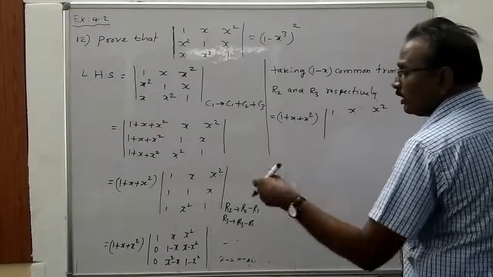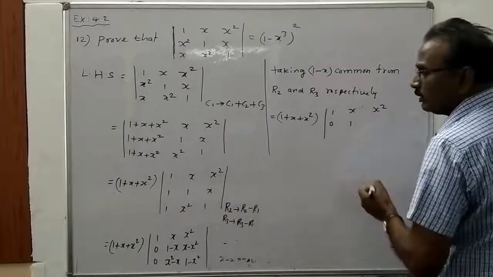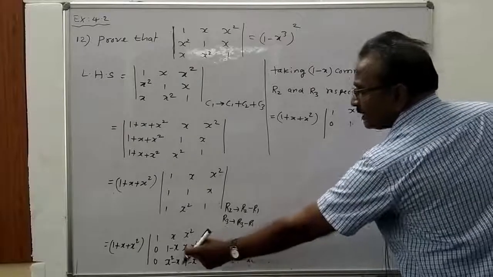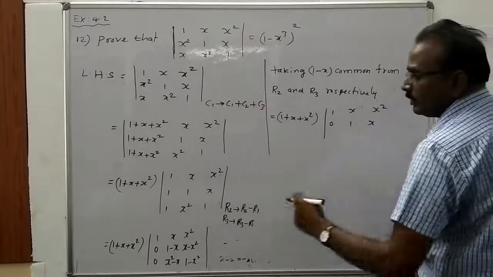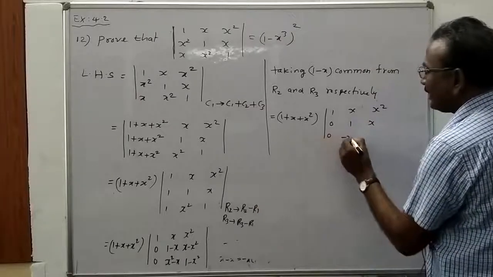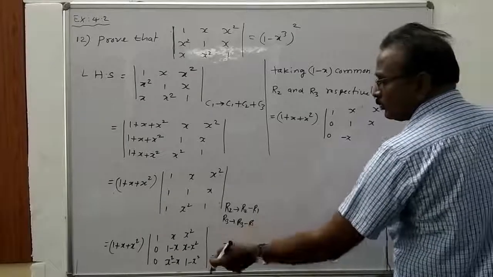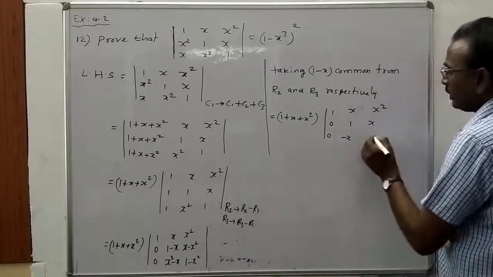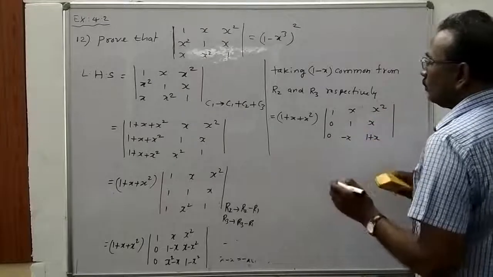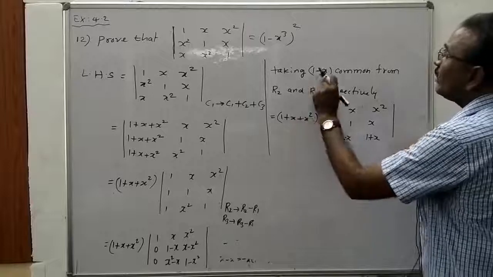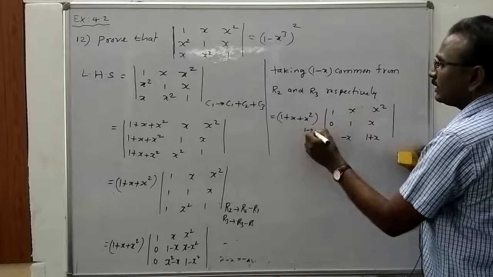Second row you take out 1 minus x common, the elements are 0, 1, x. If you take x common, x into 1 minus x, remaining is x, 0, minus x, and 1 minus x square. 1 minus x square is equal to 1 plus x into 1 minus x. If you take 1 minus x outside, the remaining is 1 plus x. So now, you take 1 minus x common from R2 and R3, so that is 1 minus x whole square.